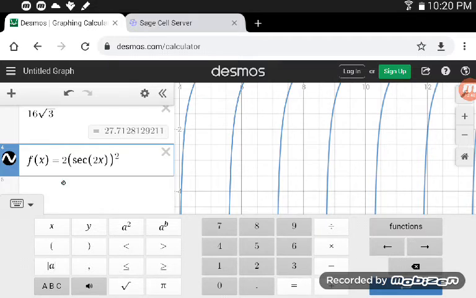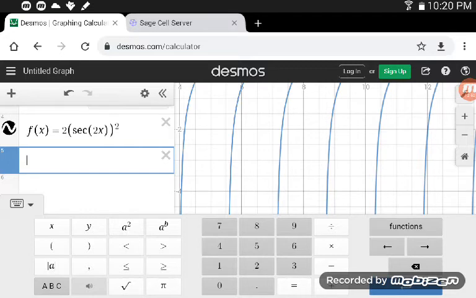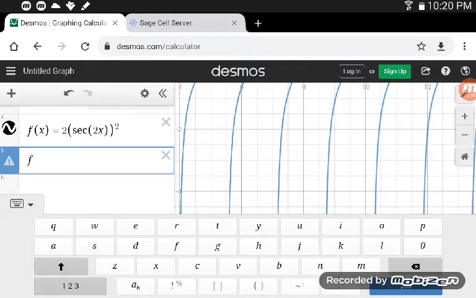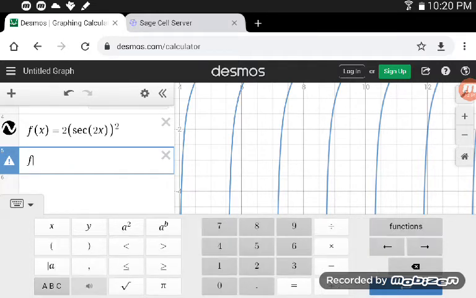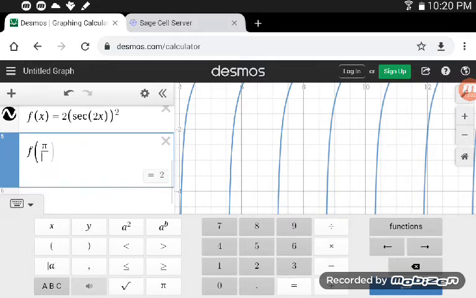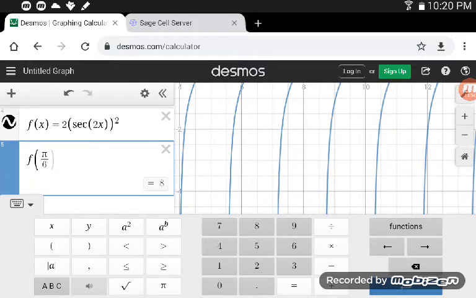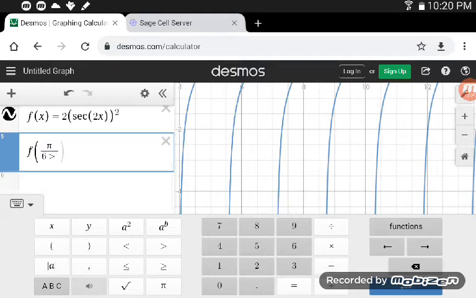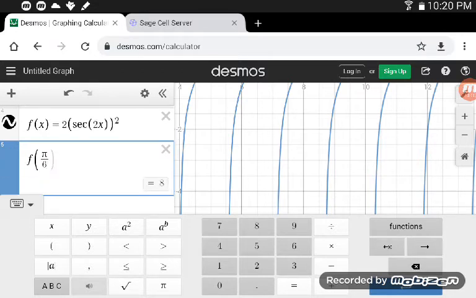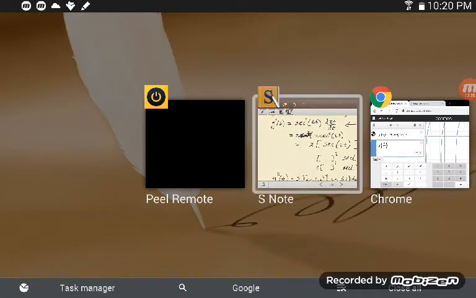So I have that, and then I can look at f of pi over 6. Nope, I'm having troubles here. Okay, there we go. We get 8. Is that what we should have gotten here?